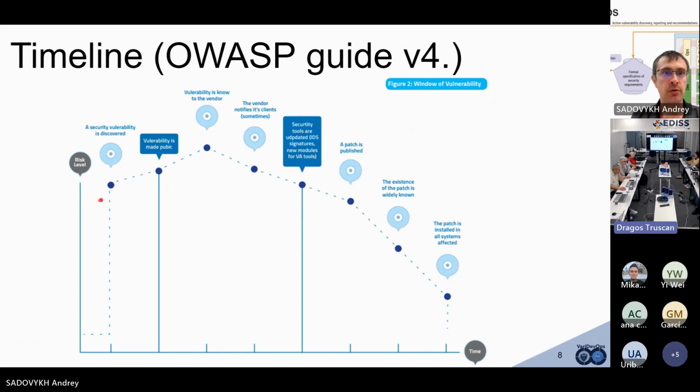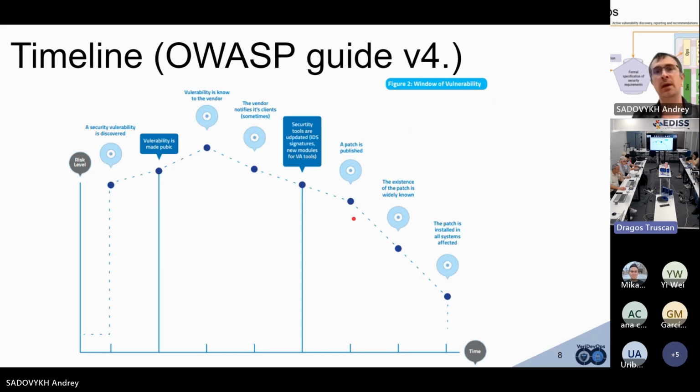The vulnerability should be known, right? There is a risk that somebody would exploit this vulnerability for a longer period of time. During this time, developers, producers, and vendors have to do a lot of important things to patch the vulnerability, release it, and distribute it to all users.